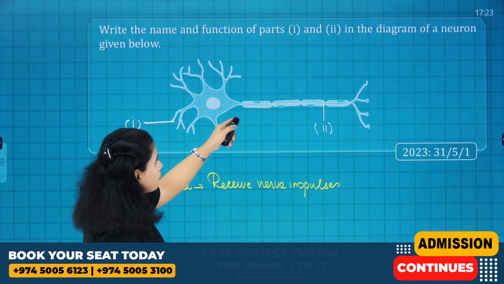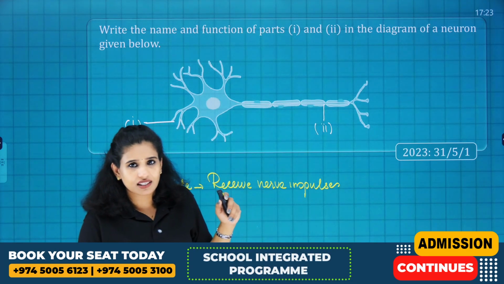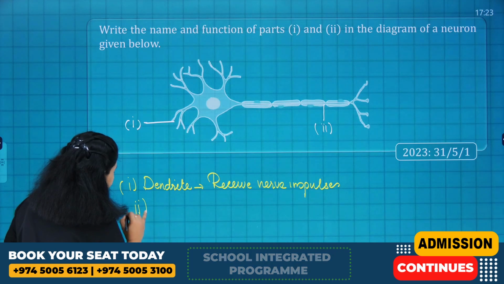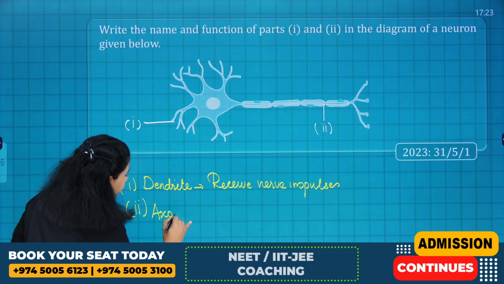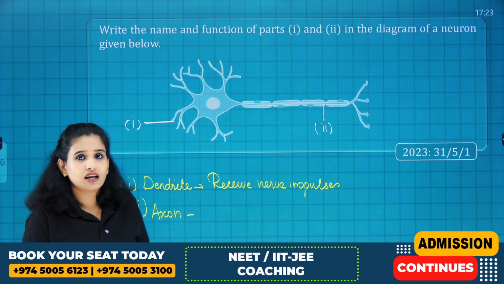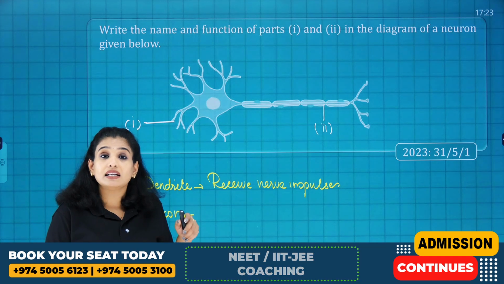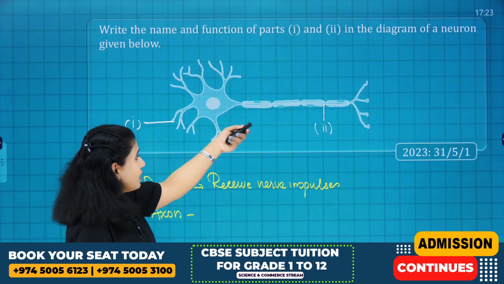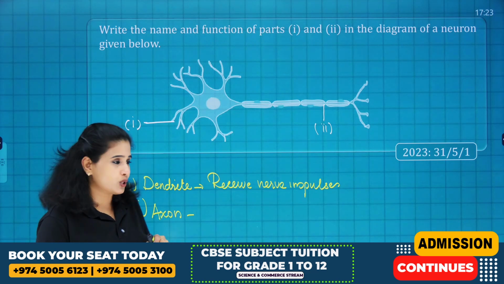Now, the second part is given, axon, right? What is the function of axon? The electrical impulses are carried through the long fiber called the axon.